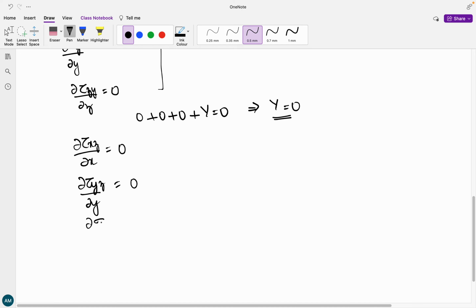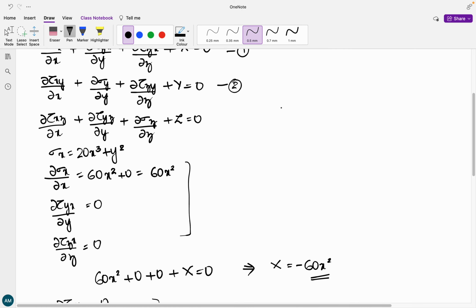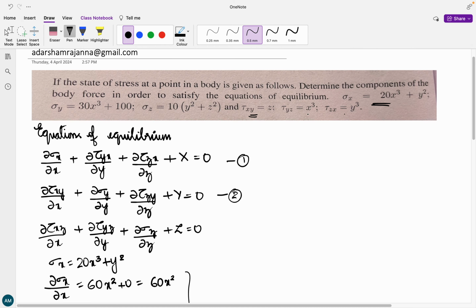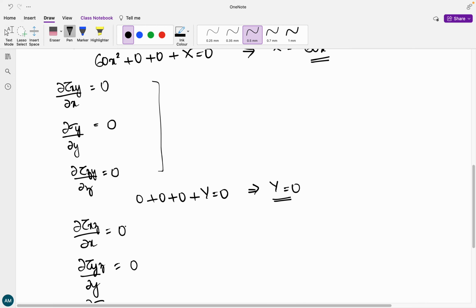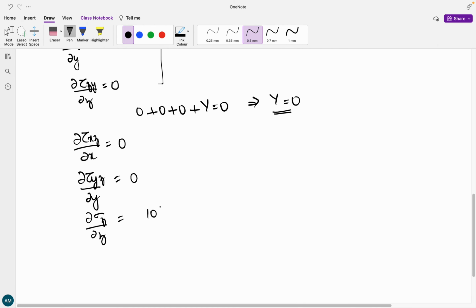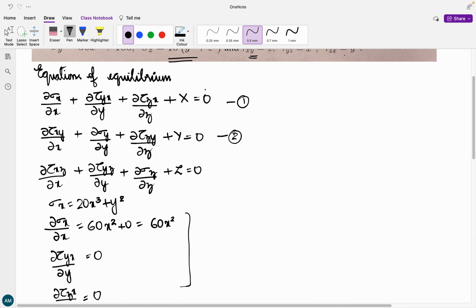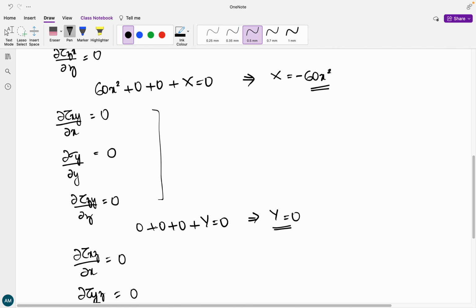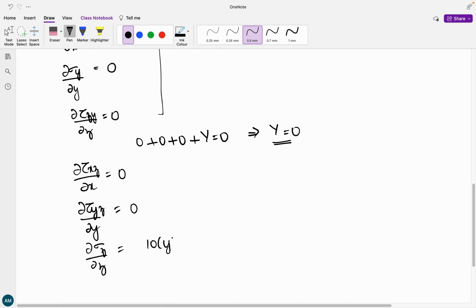Last one, dou sigma z by dou z. Sigma z is 10y square plus z square.